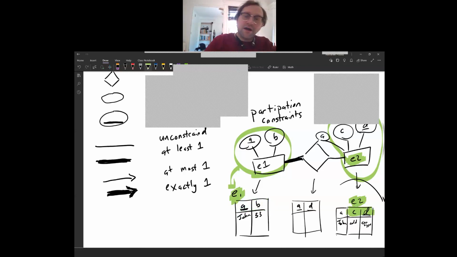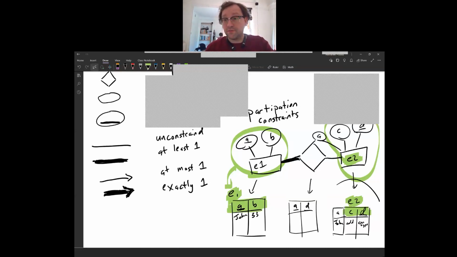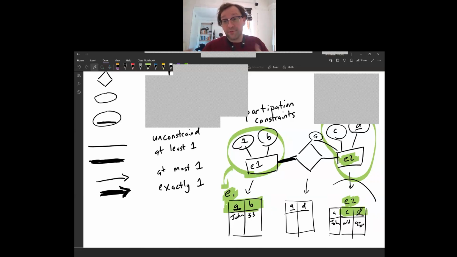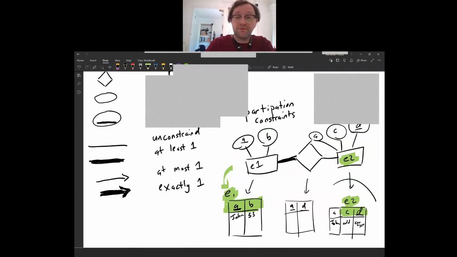I think it's helpful to remember that these ER diagrams are actually tables, especially later when you see an ER diagram and then you try to draw the table.